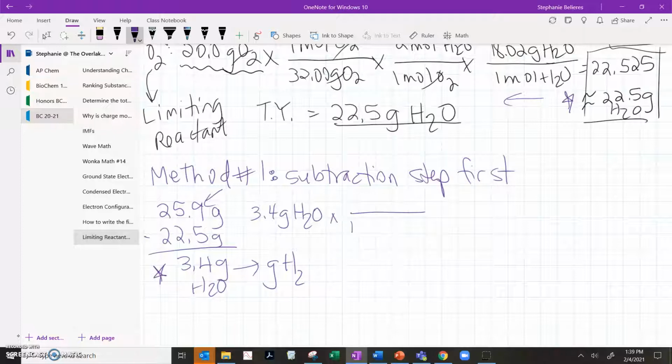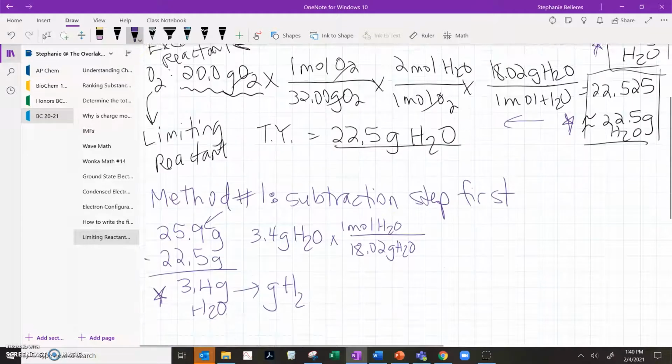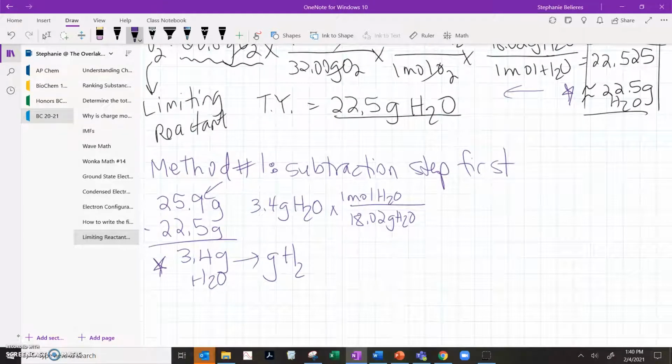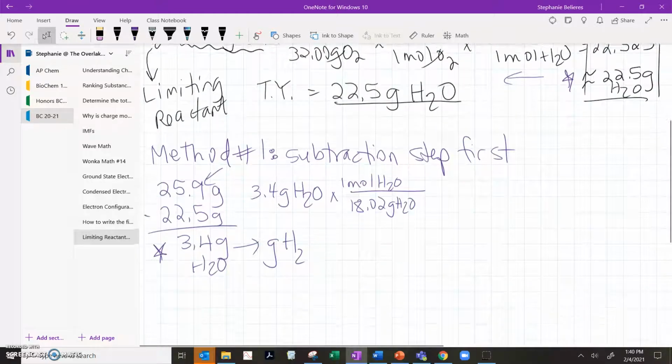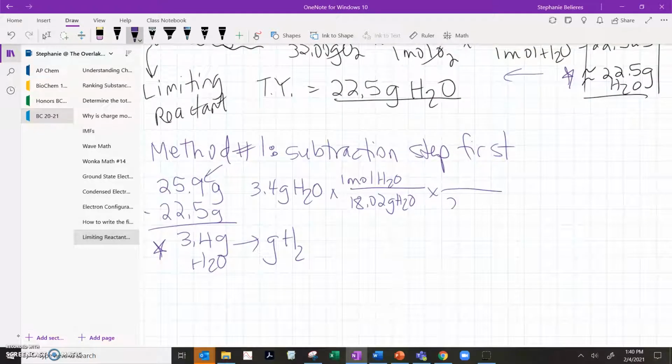So now I've got the molar mass of water for every 1 mole. And looking back, I've got 2 moles. I've got 2 moles of water in the denominator this time, and 2 moles of hydrogen.